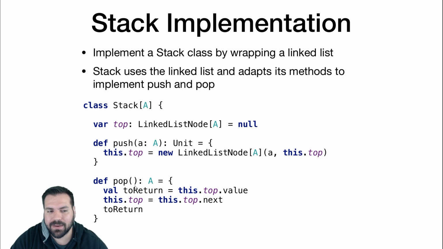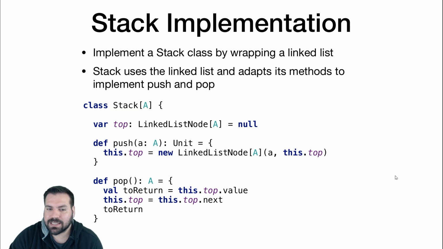Whenever I'm popping from the stack, I'm going to take the value of the head of this list, or the top of the stack. I'm going to return that, and I'm also going to remove that element from the stack by updating this.top to this.top.next. So top is now referring to the second element in this stack, effectively removing the top element from this stack.